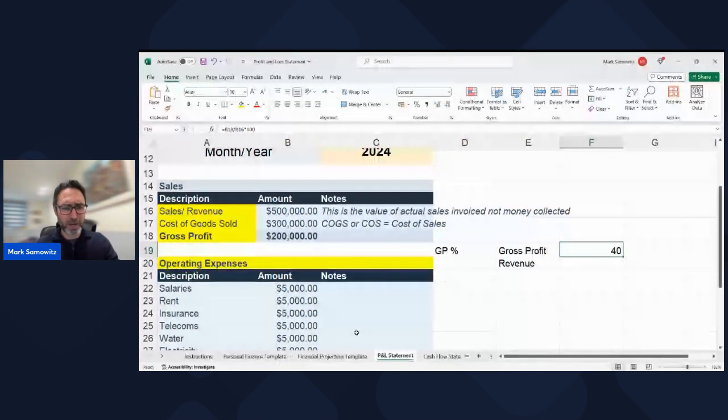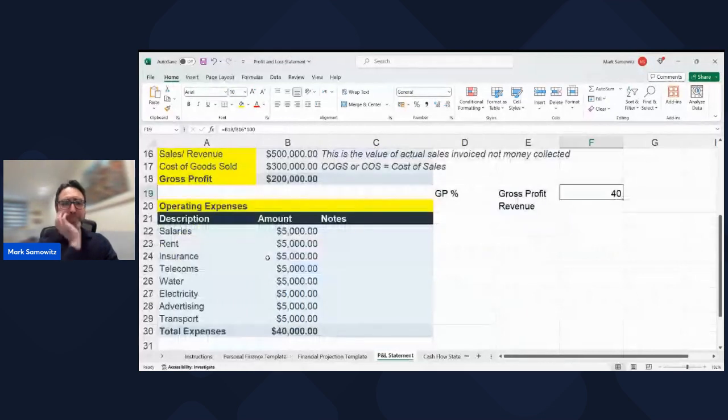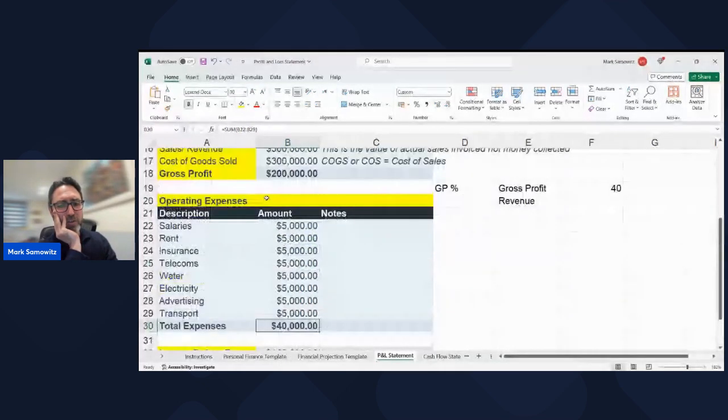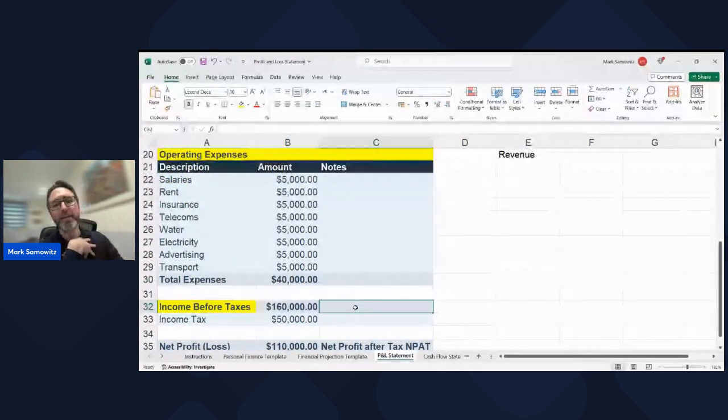Then we said we had all those operating expenses which were disconnected from the sale and gave us total expenses. When we took gross profit less our total expenses, 200,000 minus 40,000, we were left with income before taxes of 160,000. We take off tax separately because really the company has no control over what is taxed.